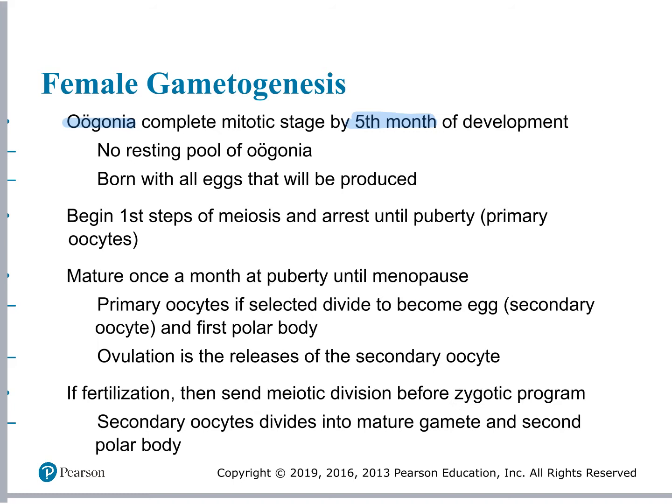These cells are going to stop in the first stage of meiosis. They are frozen in that step until puberty, and then once they reach puberty, they start continuing with the meiosis. When they reach puberty, the number of oogonia cells is reduced by another half, so they have about 500,000 at that point.